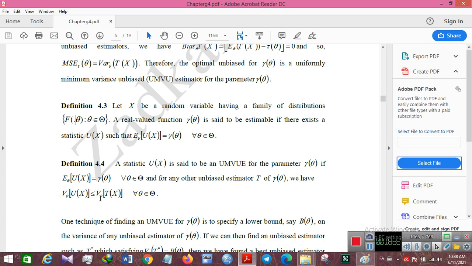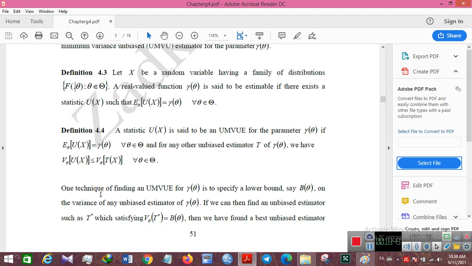So the UMVUE is the unbiased estimator which has uniformly minimum variance. In this section, we want to find the UMVUE of theta. Actually, the UMVUE is the optimal estimator in the unbiased class.